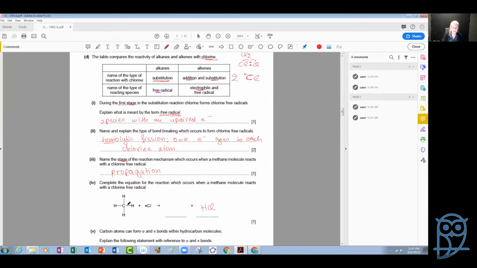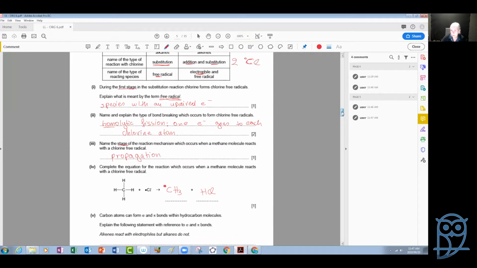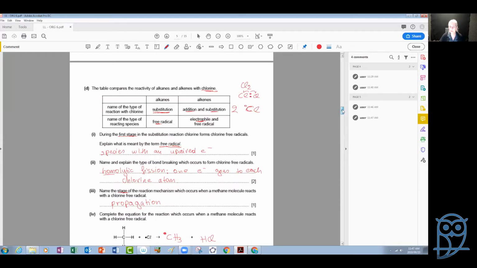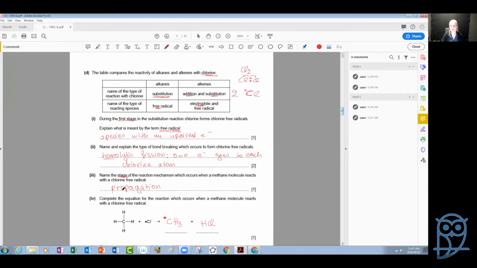What remains behind is a methyl free radical, which becomes active by itself and can continue. It can attack a chlorine molecule and produce more free radicals, but this is what they want us to write, and here's where we stop.